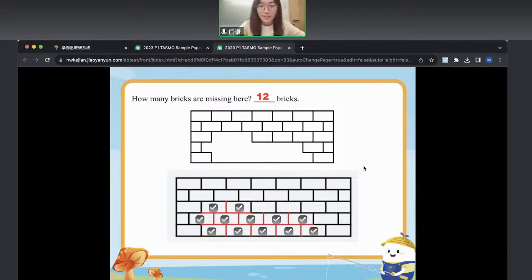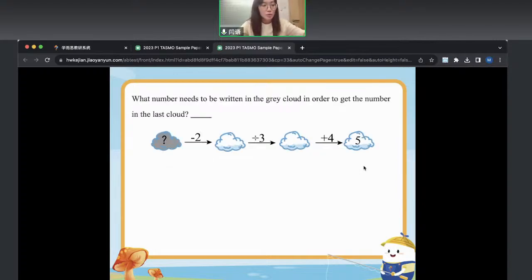Okay. Next one. For this question, it is about working backwards. Here, read the question. What number needs to be written in the gray cloud in order to get the number in the last cloud? So here, everyone, how should we do that? Yeah, 5, so fast.